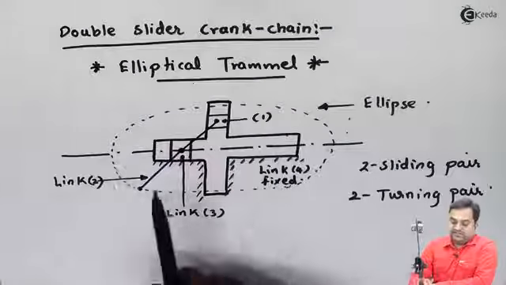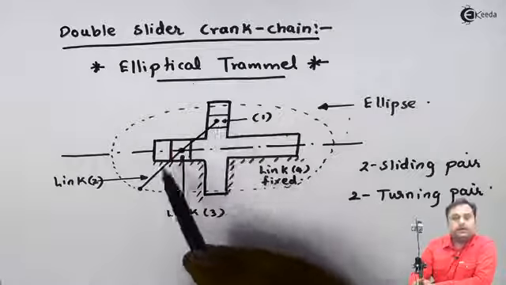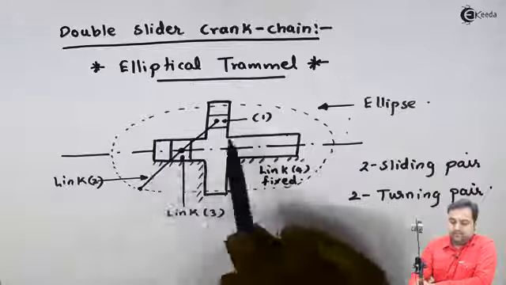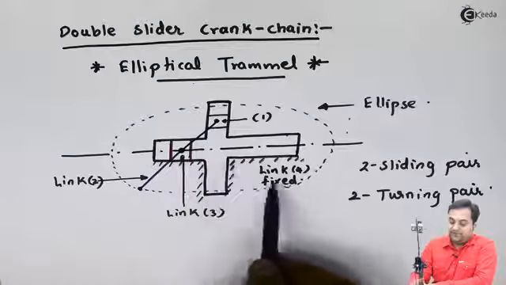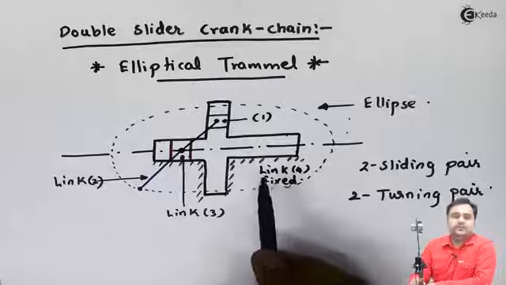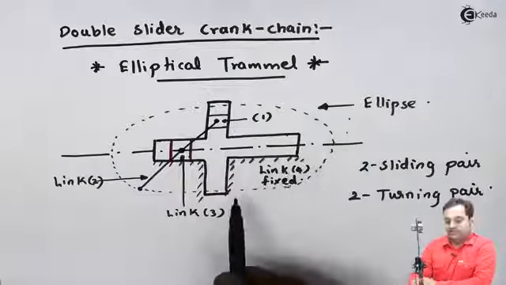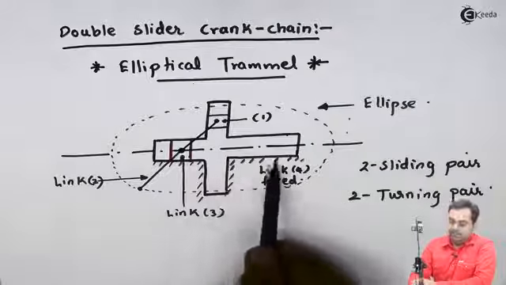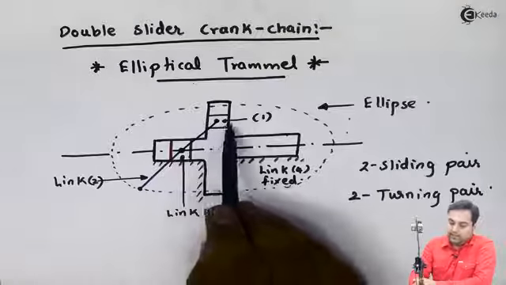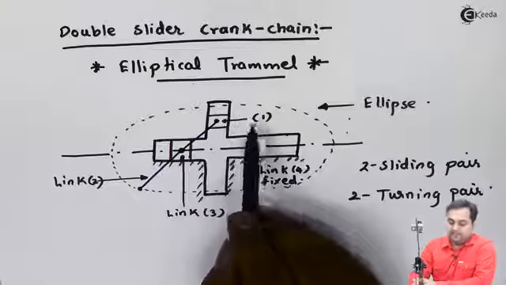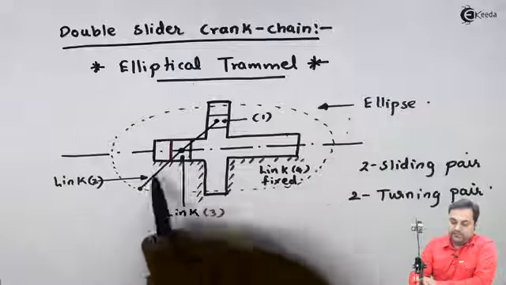As we can see in this diagram, link 2 is the crank because motion would be provided to link 2. Now, here we are fixing link number 4. Previously, in case of Scotch yoke mechanism for double slider crank chain, we had fixed link 1. Now, link number 4 is fixed, link 1 is the first slider, link 3 is the second slider, and link 2 is the connecting rod.